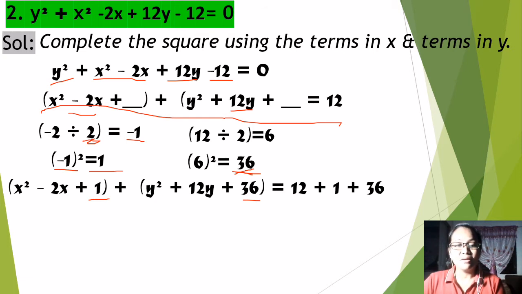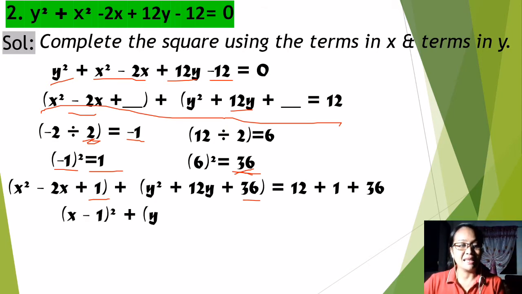So we have 12 plus 1 plus 36. Kasi kung ano man ang inadd natin sa kabila, ay dapat yung i-add natin sa kabila para pantay. Okay? Walang bias.